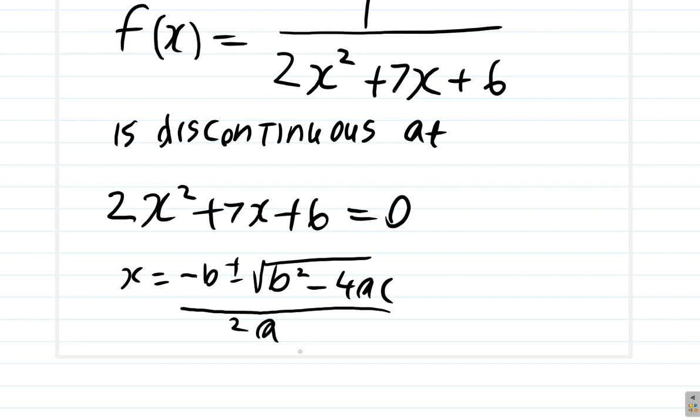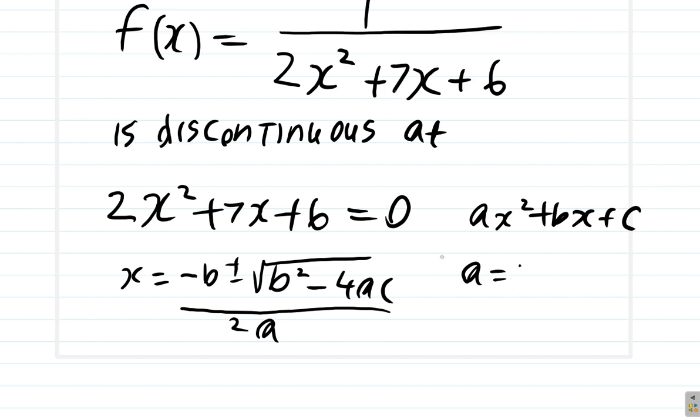Now, what is a, what is b, what is c? Remember, the general form of the quadratic equation is ax squared plus bx plus c.